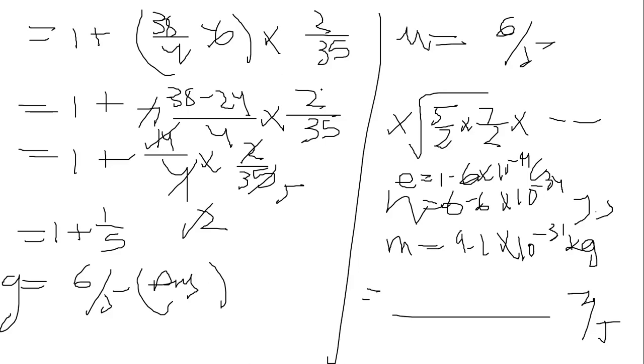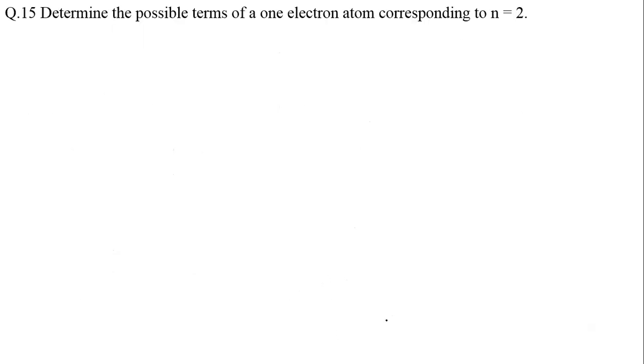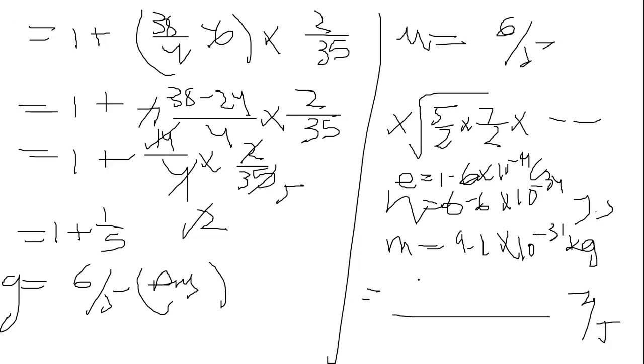So when we put all the values, the value will be 3.298 into 10 to the power minus 23.